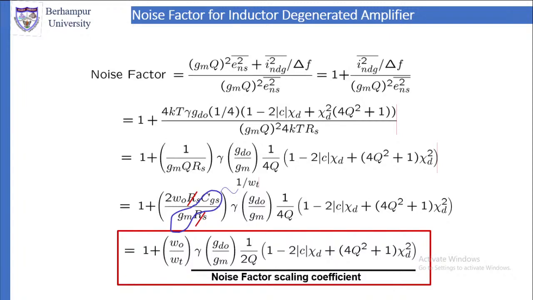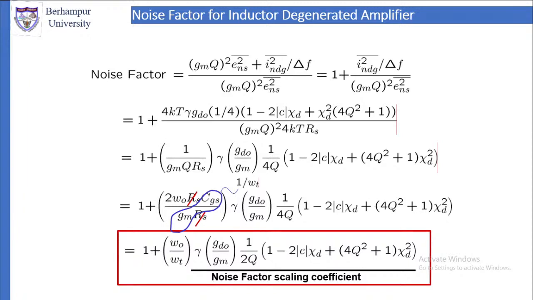The first expression: (gm Q) squared into the variance of the source noise, plus the variance of the NDG current by delta f, divided by (gm Q) whole squared into the variance of the source noise. Simplifying that, this is equal to 1 plus the NDG current variance divided by delta f, all divided by (gm Q) squared into the variance of the source noise.